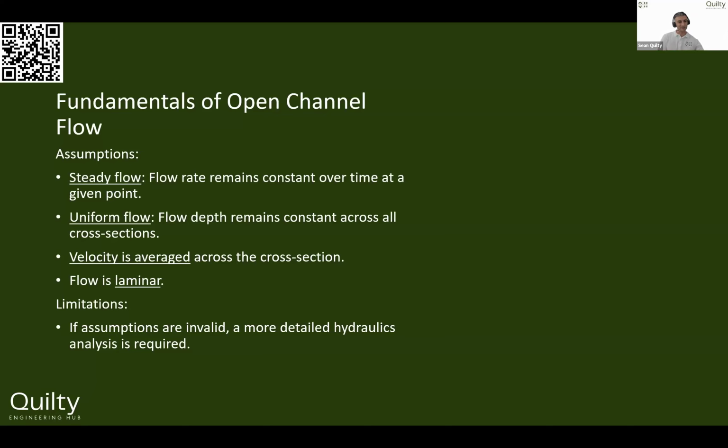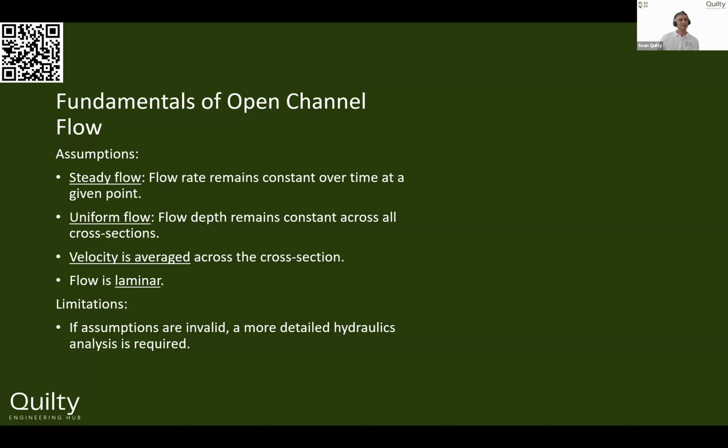Because we're assuming steady flow as well, we can also assume uniform flow. And then, as I mentioned before, the velocity is going to change all the way through that channel shape. It's going to be a lower velocity at the interface of the water and the ground, but a really high velocity in the middle of the channel itself. So we assume that this velocity is averaged across the cross section.